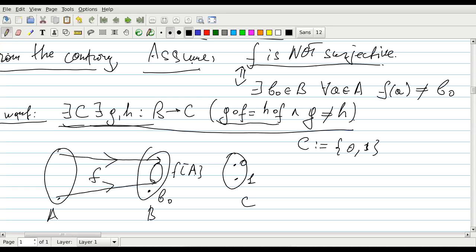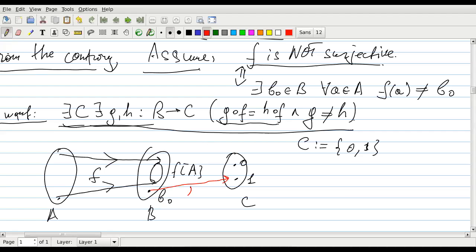Well, they must lead to the same point, but from different places, maybe. No, they have to be distinct. So there should be a point where G and H take distinct values. They are both functions from B to C. B0, maybe. Not just 0, but b0. Yes, okay.